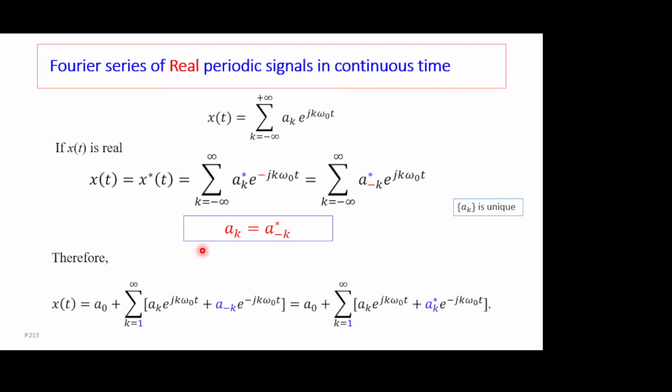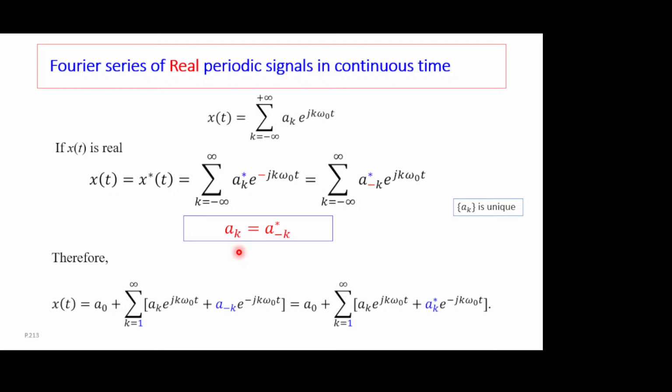So we arrive at this conclusion: if x of t is real, then a_k must equal a star of minus k for every k. This is quite important, and we will see it in all different forms of the Fourier transform.